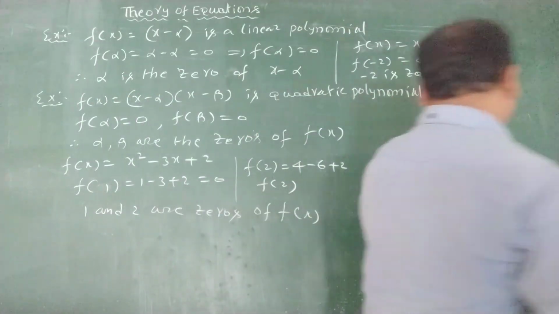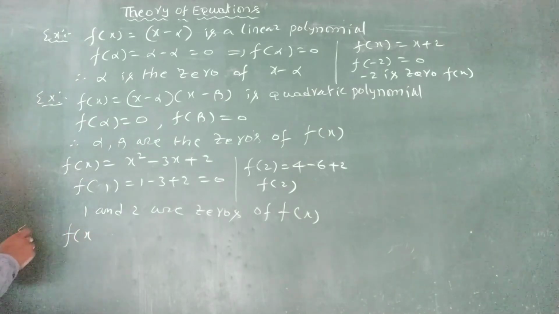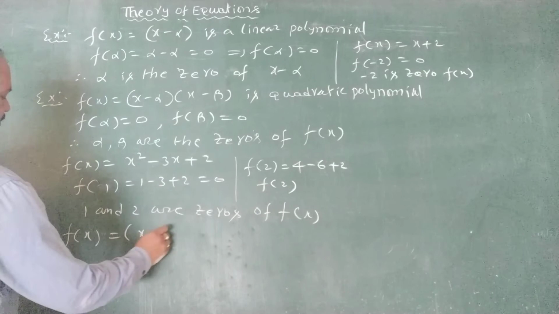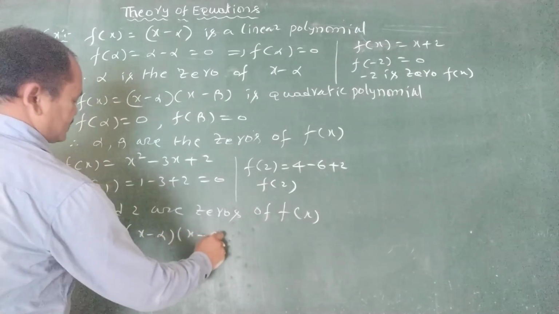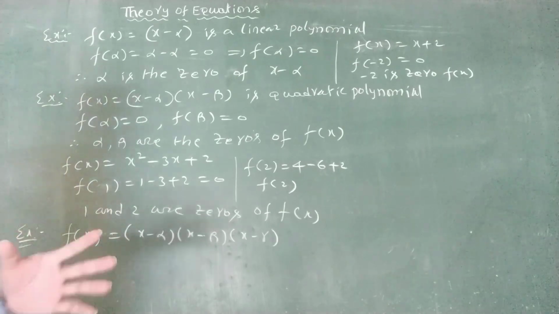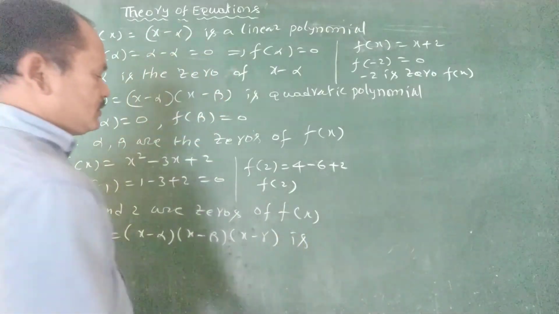That's all. Like that. Now example 3. f of x is equal to x minus alpha, x minus beta, x minus gamma, which is a cubic polynomial.